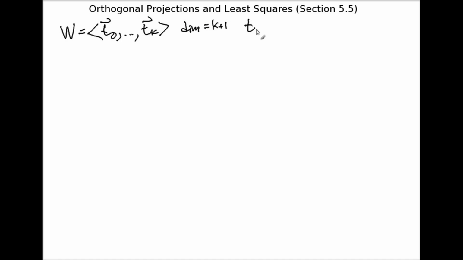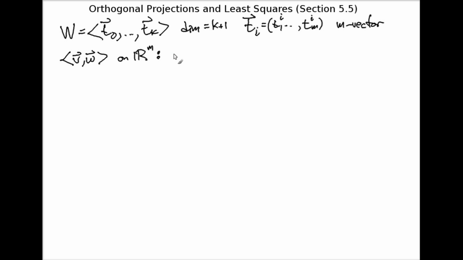And remember, I'm just reminding you here, each Ti is T1 to the i, dot, dot, dot, Tm to the i, an m vector. And it's convenient to renormalize the inner product on Rm by dividing by m. So set this to be equal to 1 over m summation vi wi, running from 1 to m.